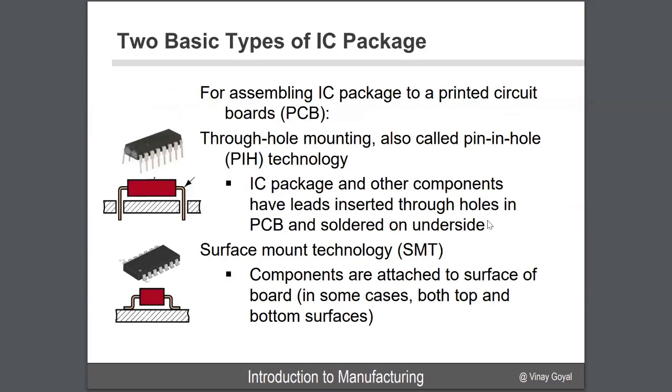There are two basic types of integrated circuit packaging for assembling onto a printed circuit board. One is called pin-through-hole technology, where you have these leads that go through the board and are soldered on the other side. The other is called surface mount technology, where you attach it to the surface of the board.